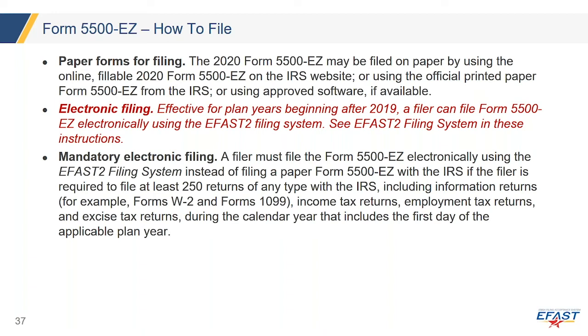But remember that the Taxpayer First Act changed that number from 250 down to 10, starting in 2021. So if you are required to file more than 10 returns of any kind with the IRS, then you must file Form 5500-EZ through EFAST2.